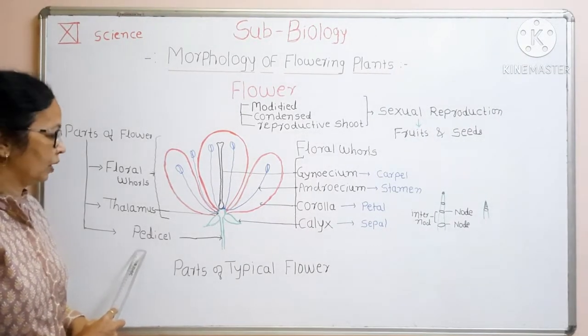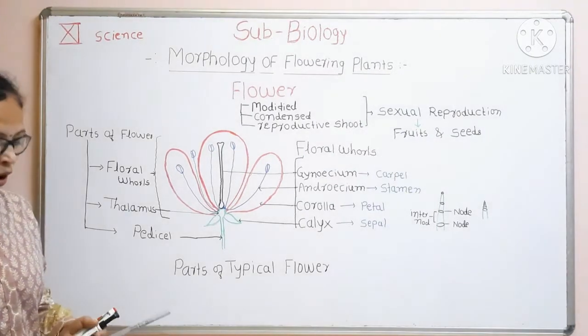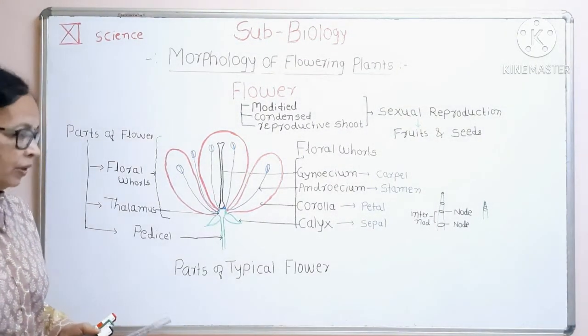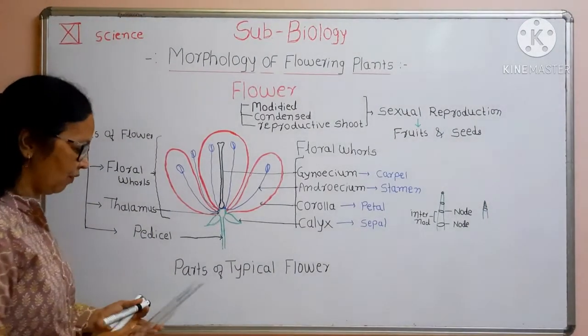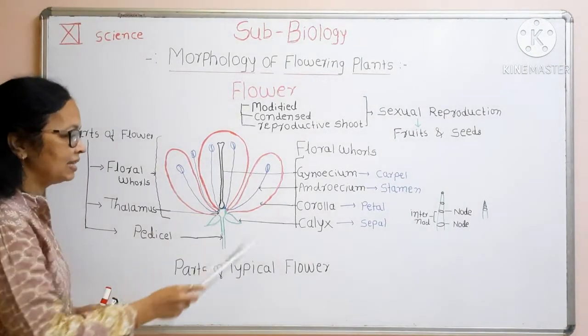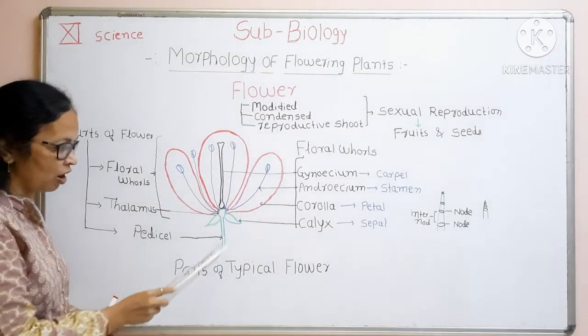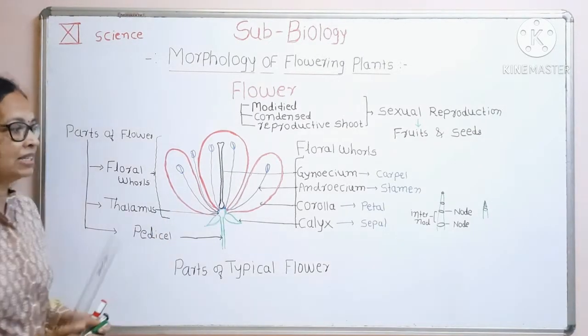So here the pedicel is short or elongated. Okay. Then when the pedicel is present in a flower, then the flower is called as a pedicellate flower. See here, the stalk is present, that's why the flower is described as pedicellate flower.